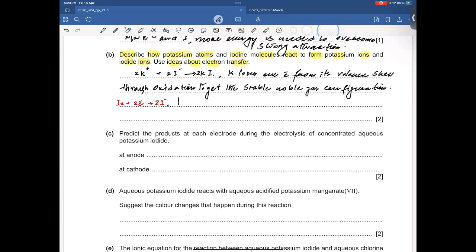So here we will write: iodine molecule gains 2 electrons through reduction to give iodide ions.